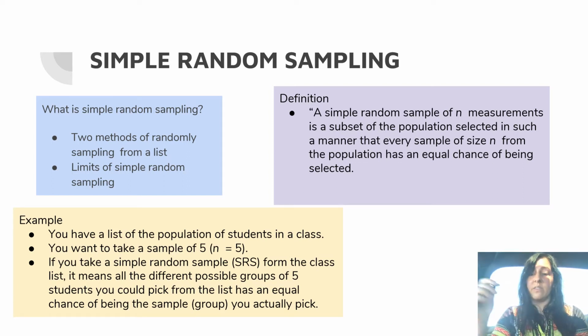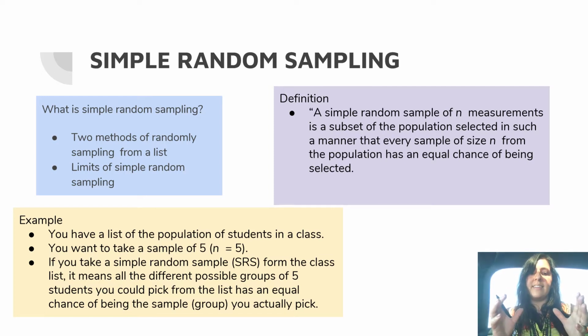So N is 5. That is going to be the number of individuals within the population that you want to take your sample from, that you want to take all the readings from.